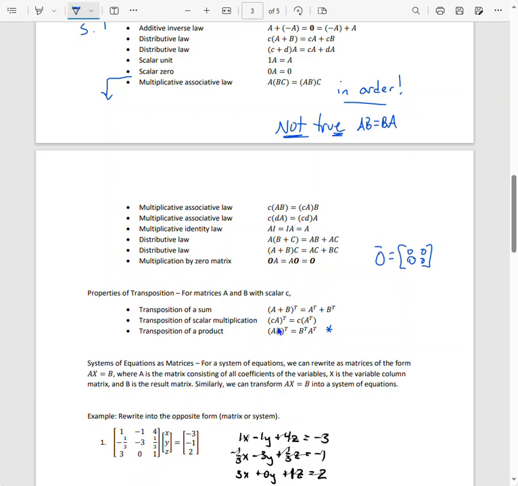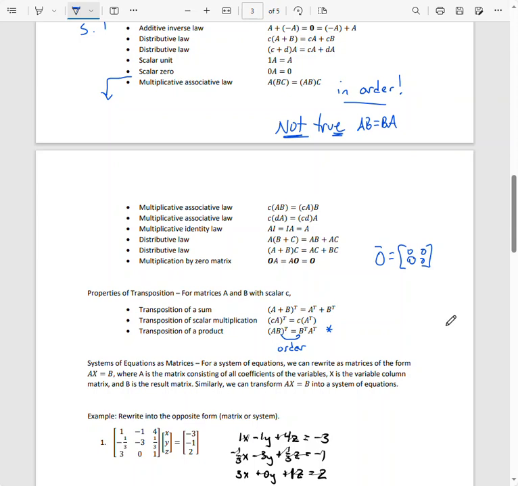If we have AB transpose, when we multiply, if we want to do the transpose first, notice that the order changes. Pay attention to the order. I can't read that either, so let me write it better. All right, the order switches up if we do transposes first and then multiply.